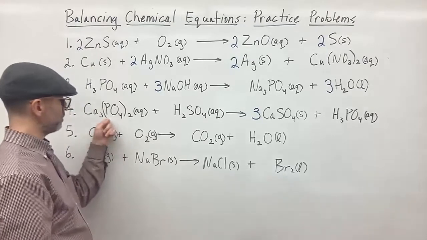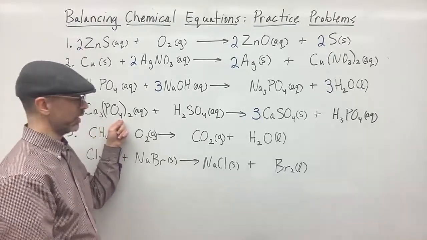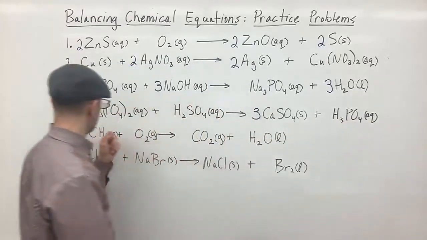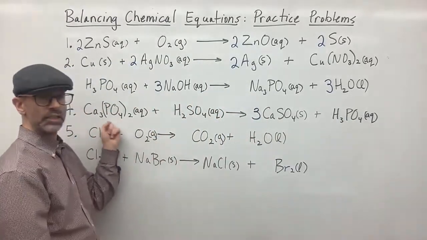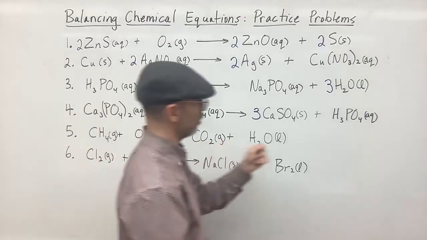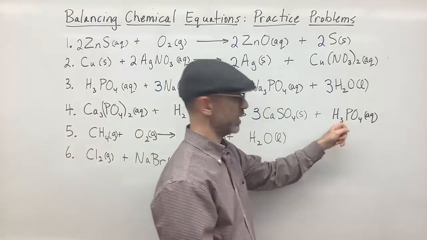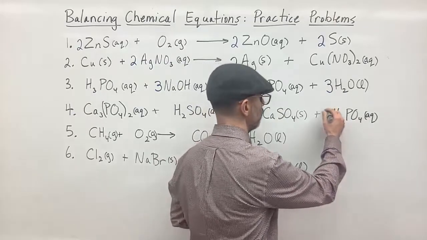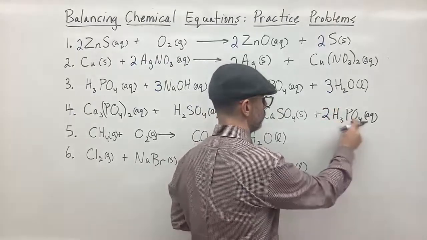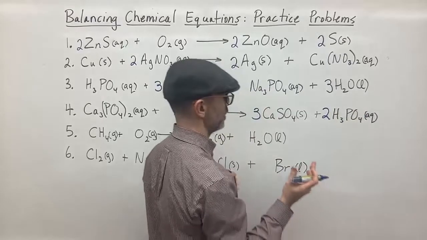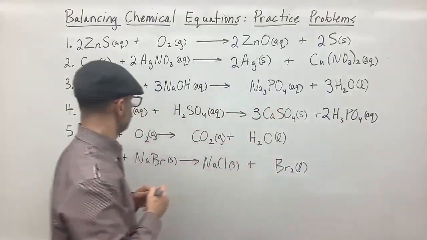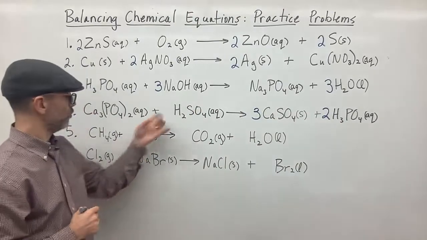So now I have this polyatomic ion, this phosphate, and I have a phosphate over here too, so I can balance that. So I have two phosphates here, but I only have one phosphate here. So I need two on this side. So that means I'm going to have to put a 2 coefficient because 2 times 1 gives me 2 phosphates. So now that that's balanced, we can now look at sulfate.